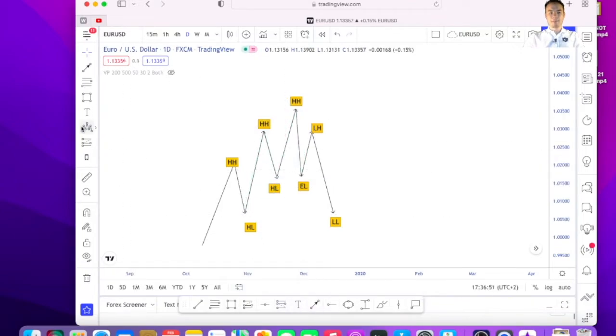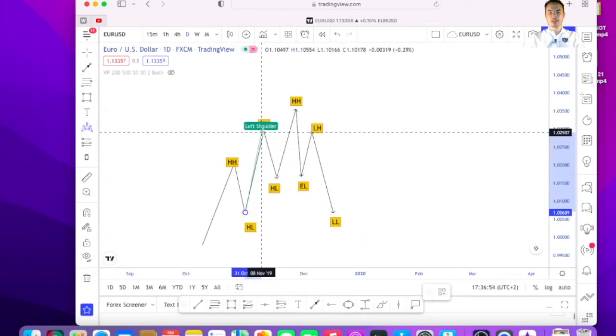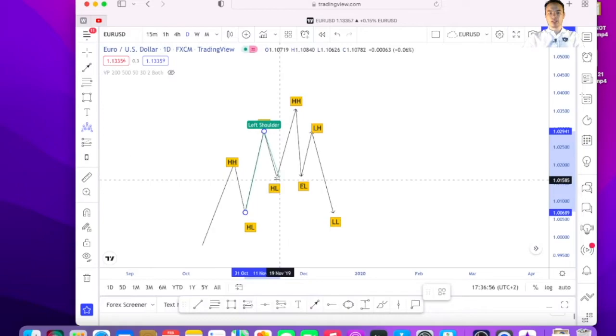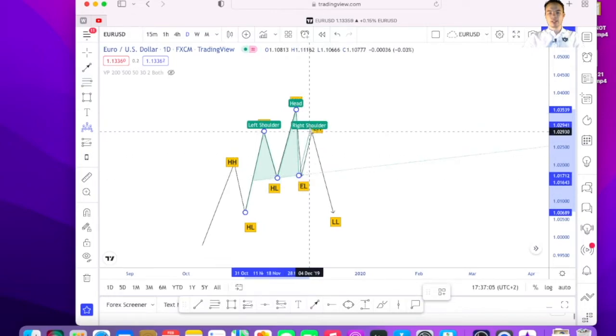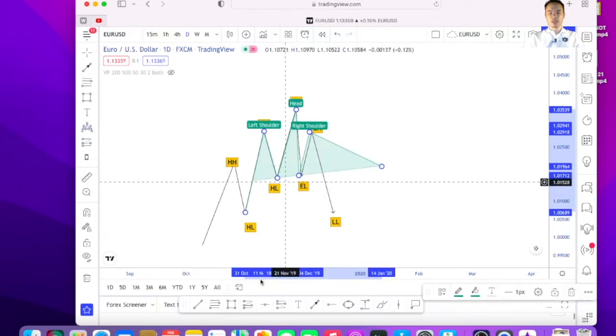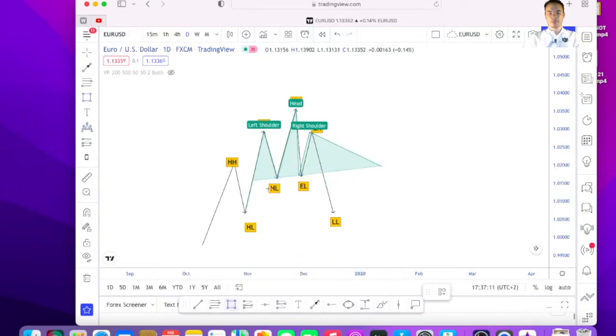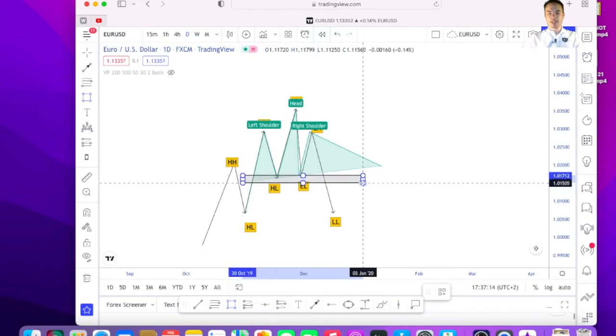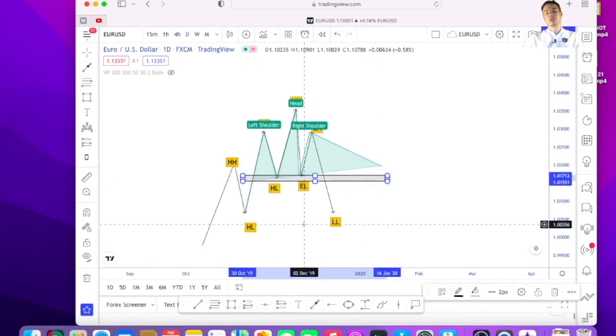So if I use this tool, this high is the left shoulder. The recent high, the last high is the head. Then the lower high is the right shoulder. Now as you can see, this area here is known as the neckline of your head and shoulders.